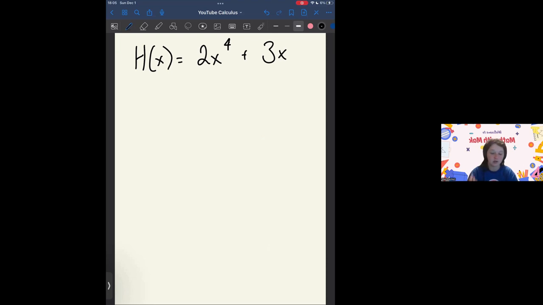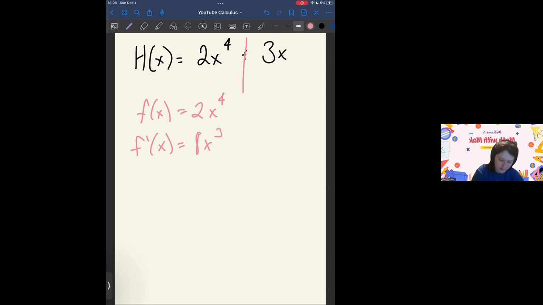So now is a good time to pause if you want to and try it on your own. But to continue, one of the first things I remember, which I haven't mentioned in this video but hopefully you've learned in your class, is linearity: that plus sign and that minus sign means that I can cut it right down the middle, right? Because this is the same as saying f of x equals 2x to the fourth. f prime of x is 4 times 2, which is 8, x to the third.